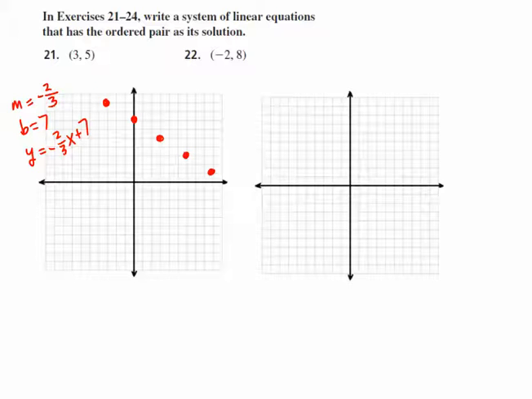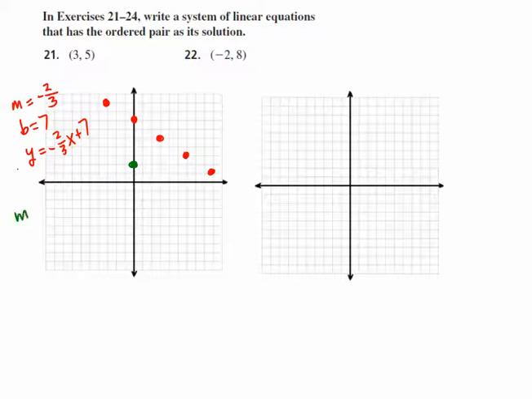Now, for the second line, I just need another line that's also going to pass through that point 3, 5. So I'm going to pick another point on the y-axis. If I pick this point here, then my slope would be up 1, 2, 3 over 1, 2, 3.